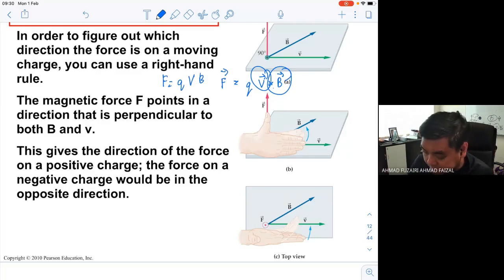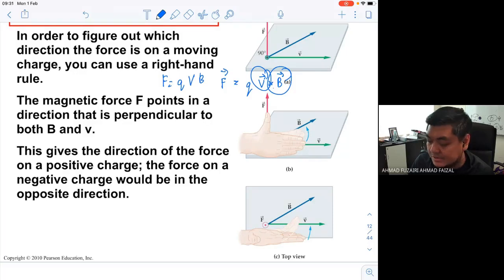So put your V to the positive X and try to do slapping, meaning try to move your fingers going to B, the magnetic field, which is slightly between positive X and negative Z. Can you imagine that?